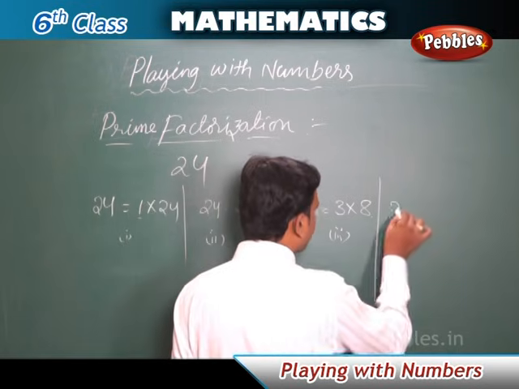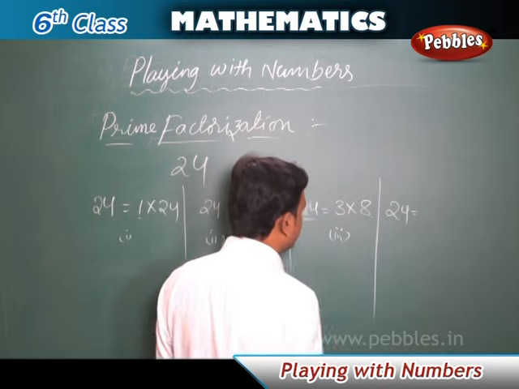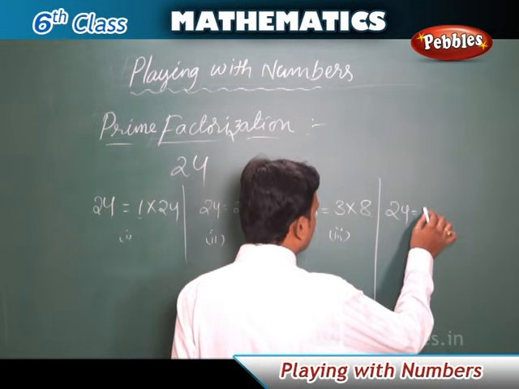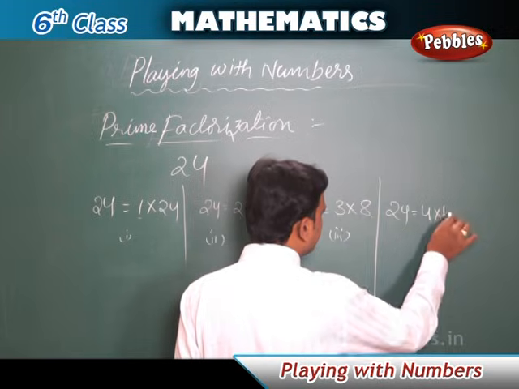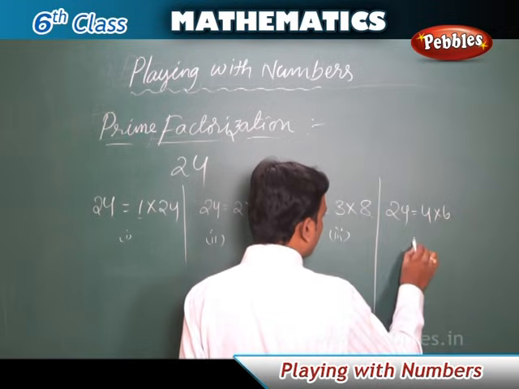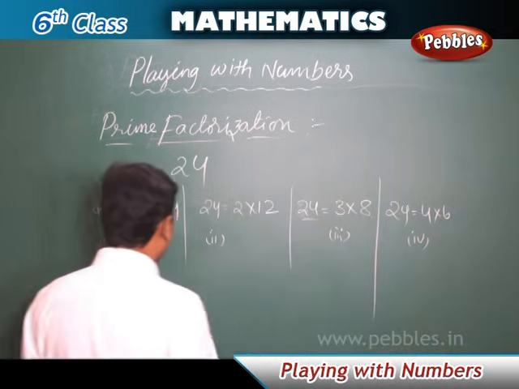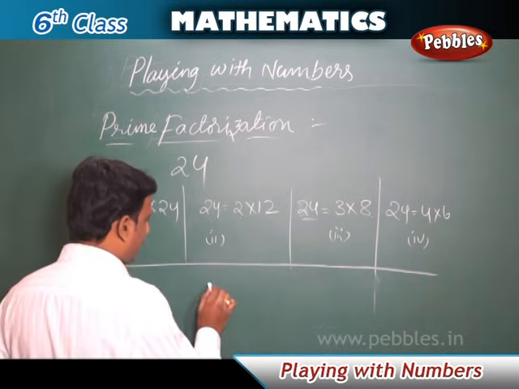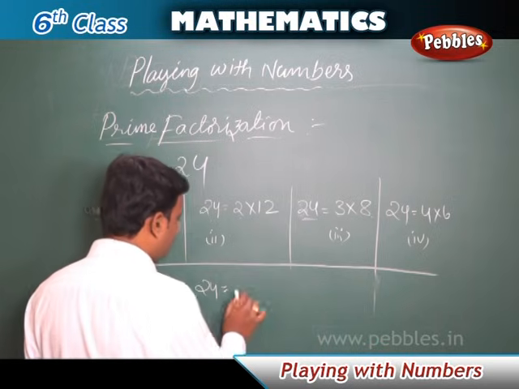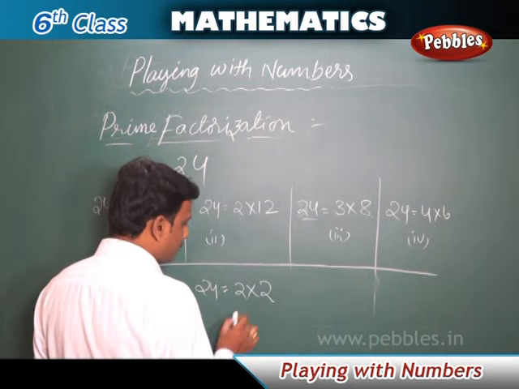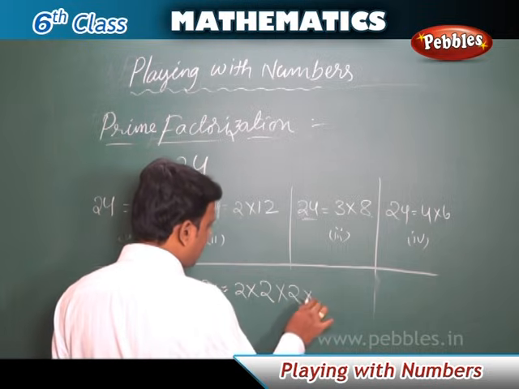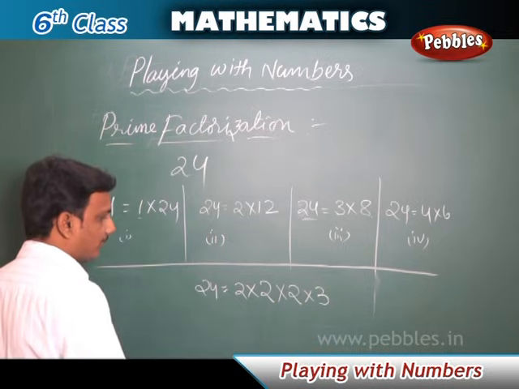Now let us see the fourth way of factorization here. 24 we can write as 4 into 6. 4 sixes are 24. Now we have one more way to write 24. 2 into 2, 2 twos are 4. 4 into 2, 8. 8 into 3, 24.